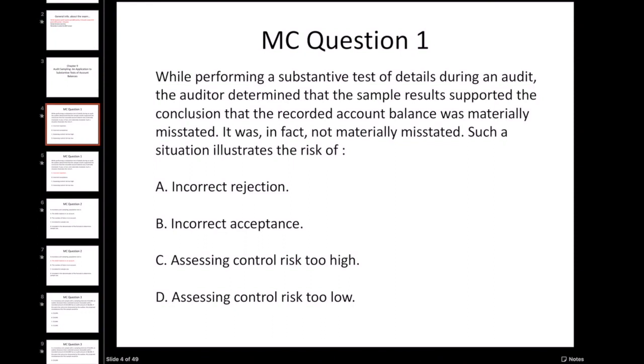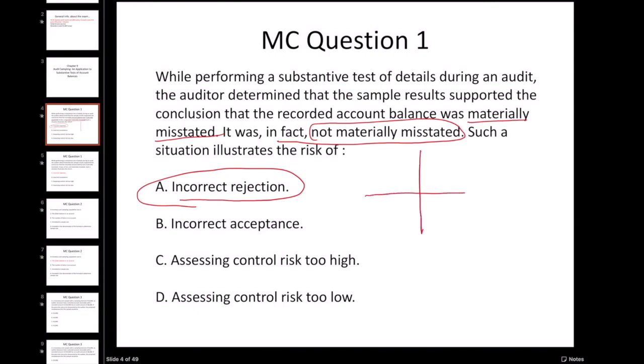Testing told us it was misstated, but the true state of the population was not materially misstated. Okay, so this is incorrect rejection. Don't forget that little slide with the decision matrix, where one way you have incorrect rejection, one way you have incorrect acceptance, and the other ways you're making the right decision.